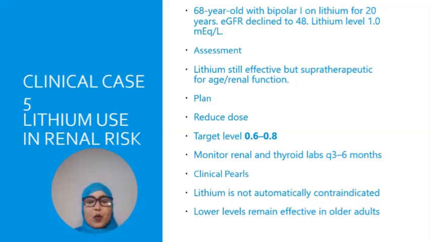And the clinical moral here is that lithium is not automatically contraindicated. Lower levels remain effective in older adults because lithium is controlling the symptoms of the bipolar, but the patient has decreased kidney function, so you have to decrease the dose.